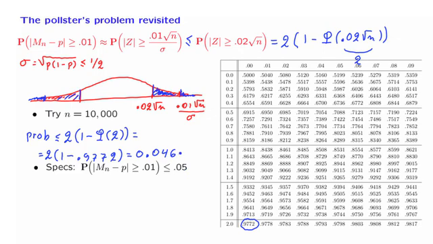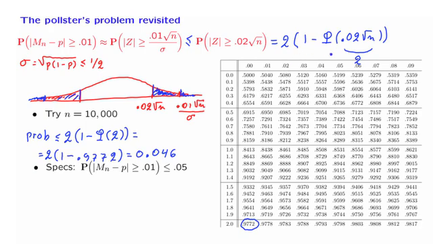You look at this result and you say, with 10,000 I achieved a probability of a large error that's less than 5%. This means that I probably have some leeway and that I can reduce the size of my sample. What could the size of the sample be and still meet those specs?